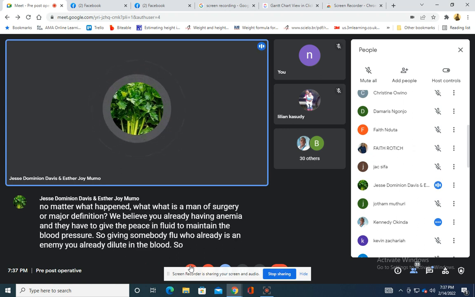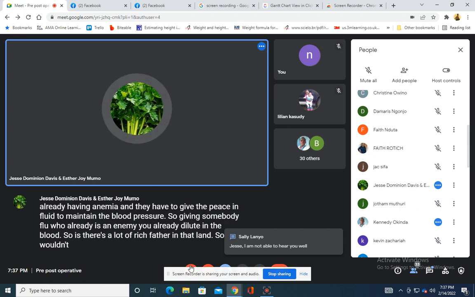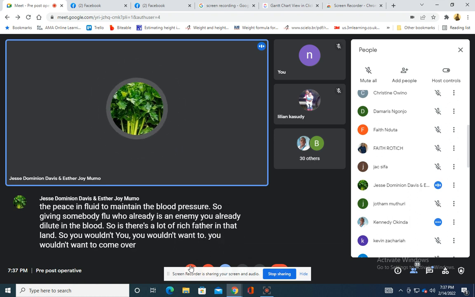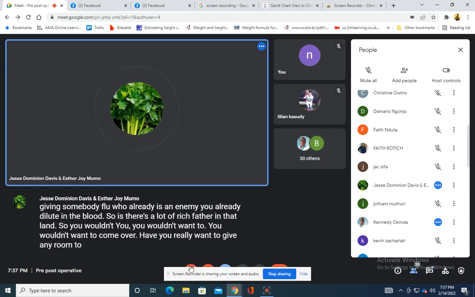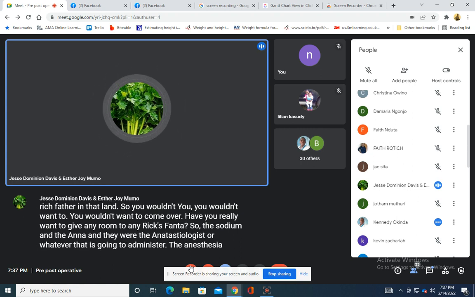So there's a lot of risk factors in that land. You wouldn't want to give any room to any risk factor. So the surgeon and the anesthesiologist, or whoever is going to administer the anesthesia, will be able to decide.